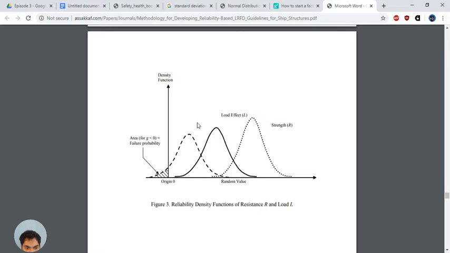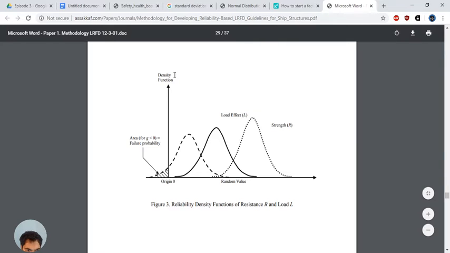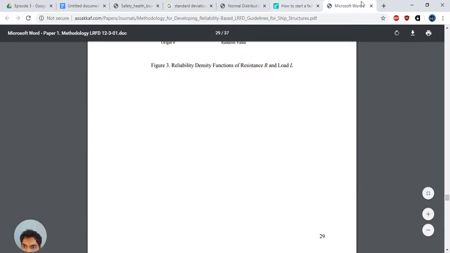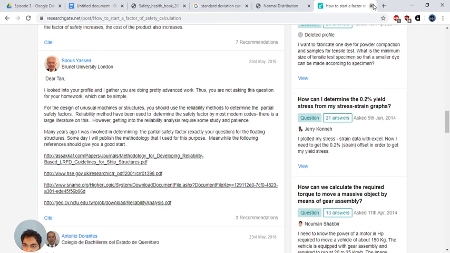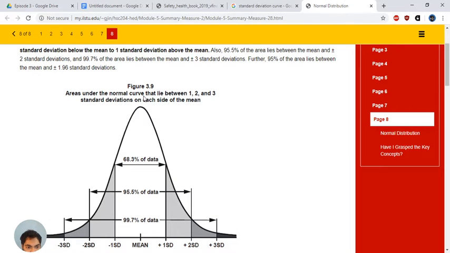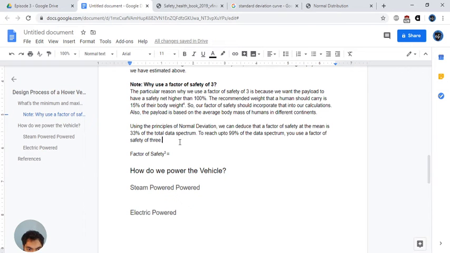So yeah, I think they're using normal distribution for this. So my reasoning is, okay, you have your, this is basically how I'm designing it, and if there's a reason, guy, just tell me why. So you are at 33% of the data, factor of 3.